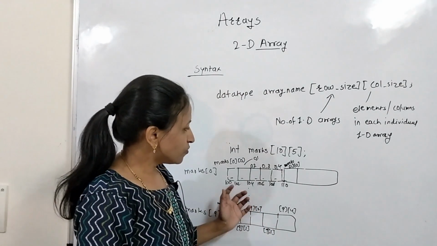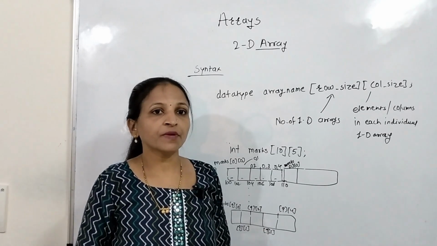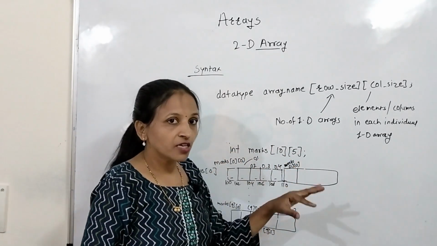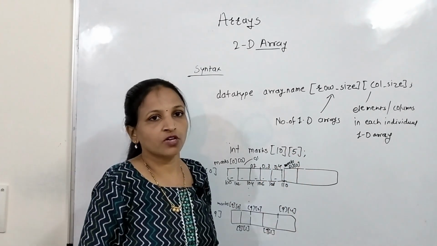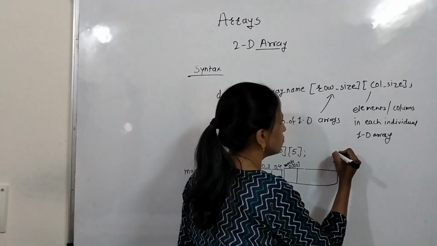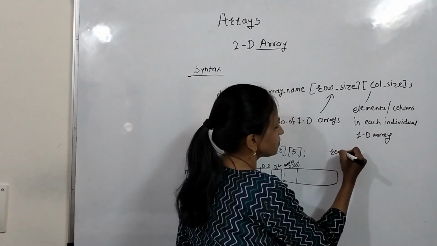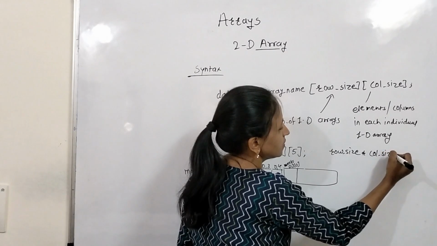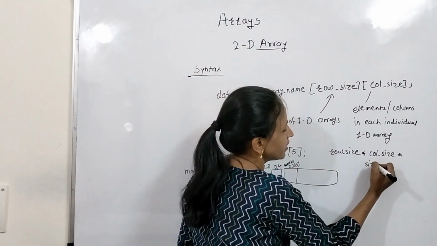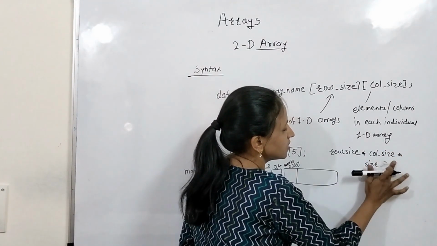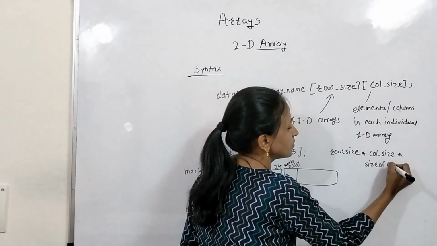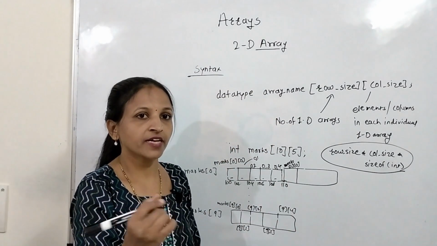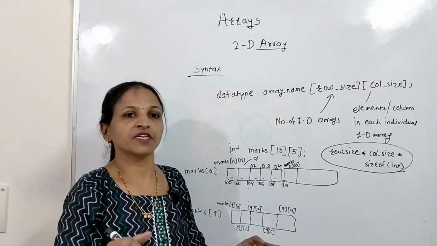And if you want to find out how much memory gets allocated for that, that means size of integer into number of rows into number of columns, like row size into column size into the size of an individual element, that is size of int. In this way you can calculate how much space will get allocated for that two-dimensional array.